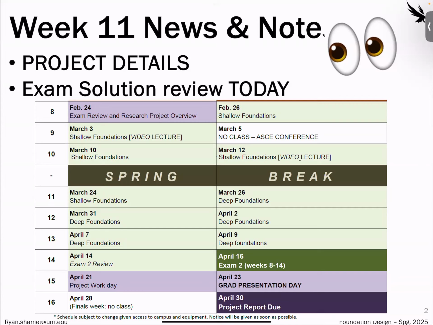You'll see April 21st and April 23rd after exam 2. This is still on schedule here. April 23rd is going to be our grad presentation day. So if you're in the graduate section, then as I said, you're going to be working on your presentation individually, and you'll also have a paper individually.